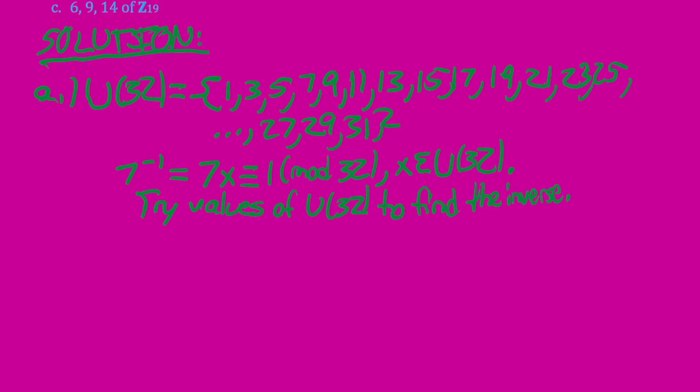So one thing, I'll go on and just make this simple and show what the inverses are. When you multiply 7 by 23, that's 161, which is congruent to 1 mod 32. So the inverse of 7 is congruent to 23 modulus 32. And then we'll do the same for 21.